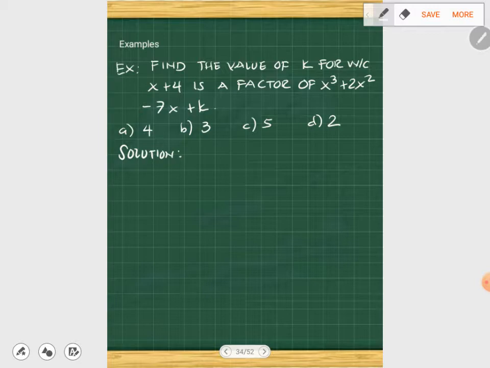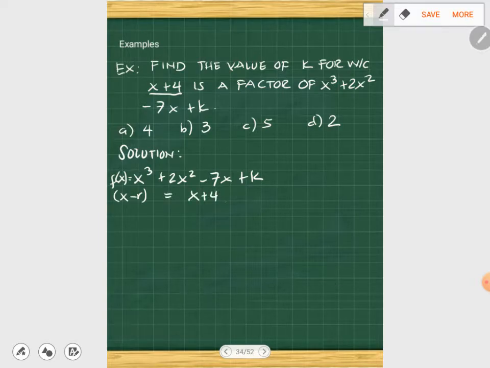So, kunin ko lang yung equation na x cubed plus 2x squared minus 7x plus k. Ito yung function of x natin. Okay? So, sinabi niya dito ito no? So, ibig sabihin, yung x minus r natin is equivalent to x plus 4.